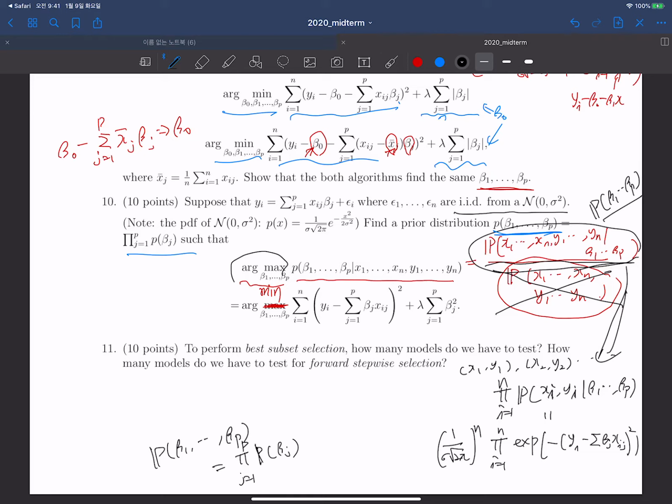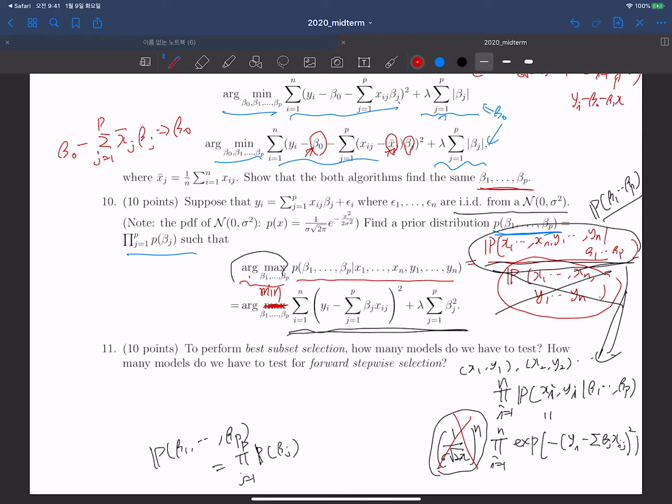Okay, good. And we want to maximize this one again. Since this is just constant, we can simply ignore this part for this argmax process, right?